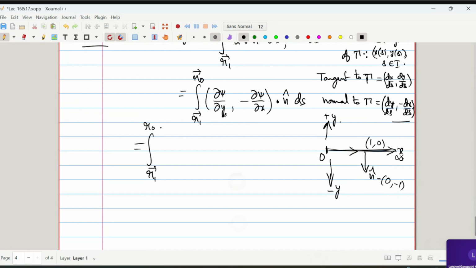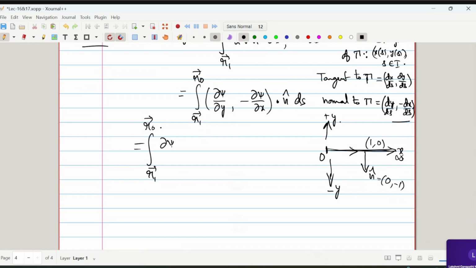Once you write n cap as dy by ds, you'll have to change these numbers. These are simply fixed points, psi at these points only, points in the xy plane, so you can still write bars.